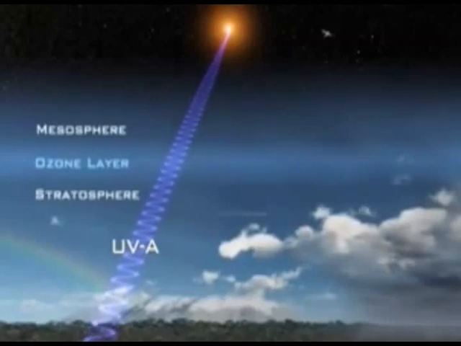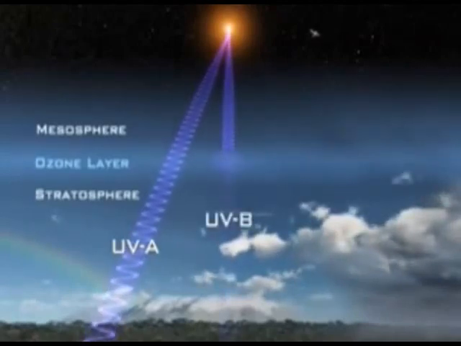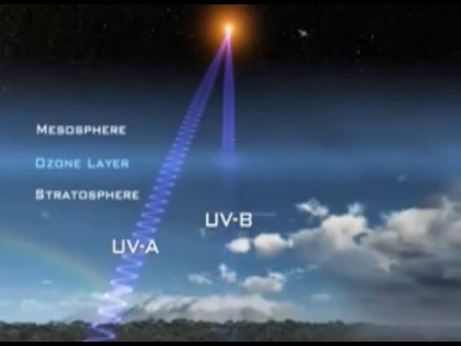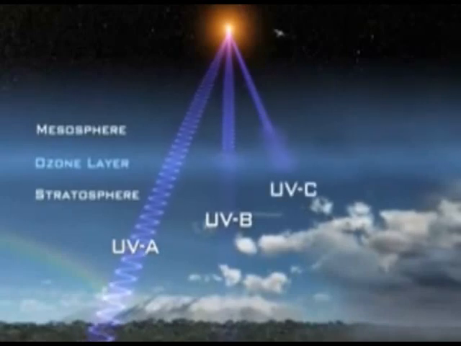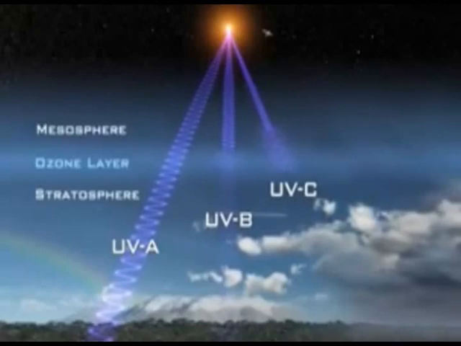Most UVA reaches the Earth's surface, but shorter wavelength called the UVB are the harmful rays that cause sunburn. Fortunately, about 95% of these rays is absorbed by the ozone in the Earth's atmosphere. UVC rays are the shortest and most harmful and are almost completely absorbed by our atmosphere.